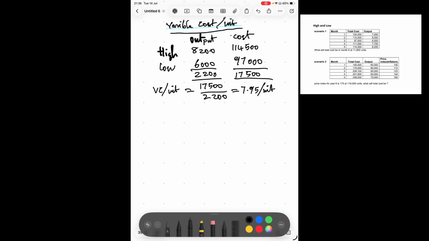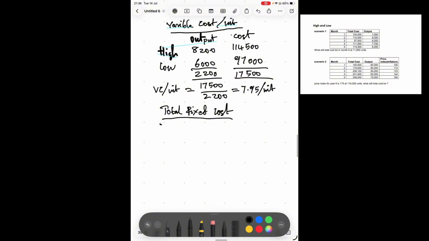Next, like I said, is to get the total fixed cost. To get it, you insert this into the cost function. Remember the cost function says y equals a plus bx.